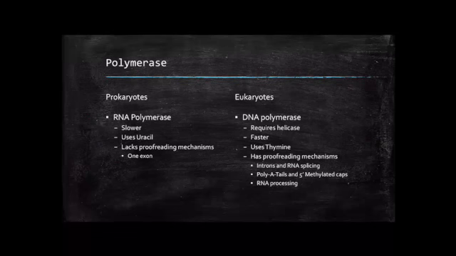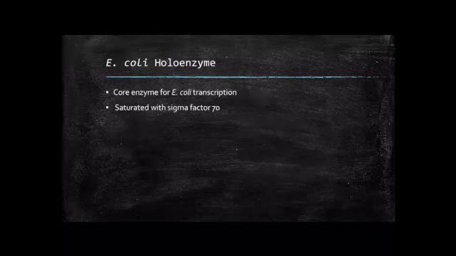This also means that there are no introns, RNA splicing, poly A tails, 5' methylated caps, and no RNA processing in prokaryotes. Lastly, since there is no proofreading, there is only one exon involved, which is vastly different from the process in eukaryotes.